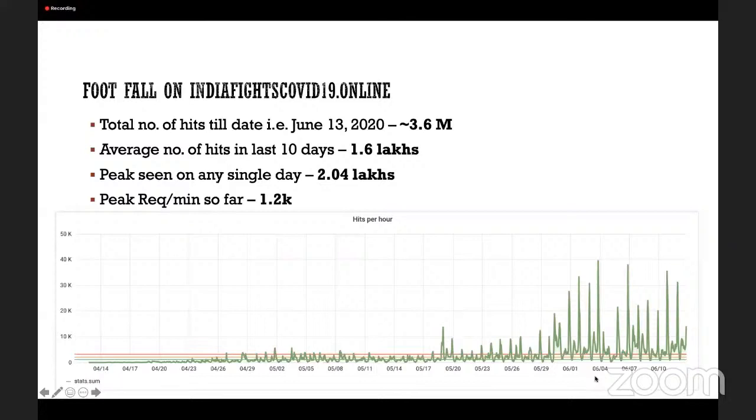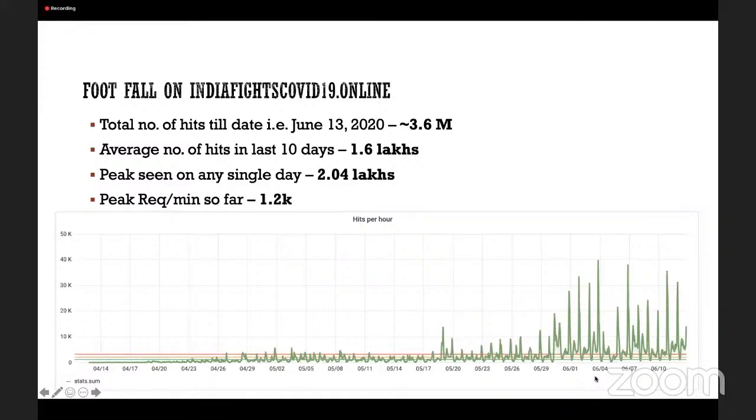For the last 10 days, the average hits are 1.6 lakhs, and the peak we have seen to date is 2.04 lakhs, with requests per minute at a maximum of 120K.